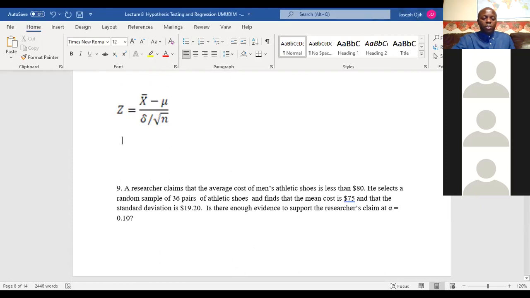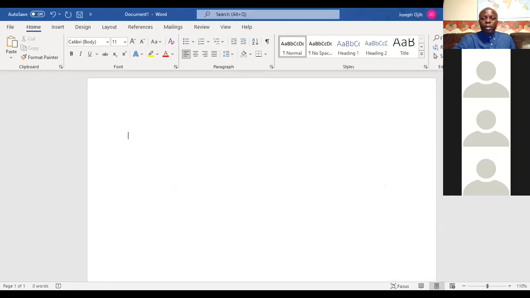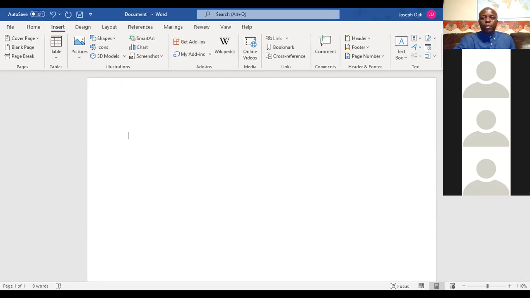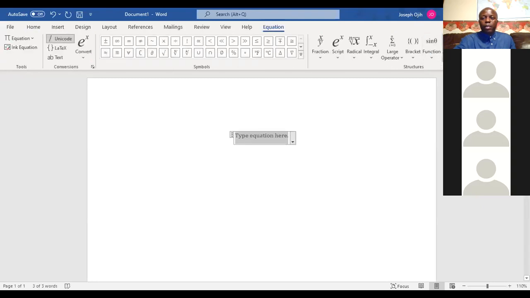The sample mean from the other workbook, where we can get our X bar, excuse me. Our X bar, the sample mean, you can see the X bar right here. Okay, my computer is slow today.